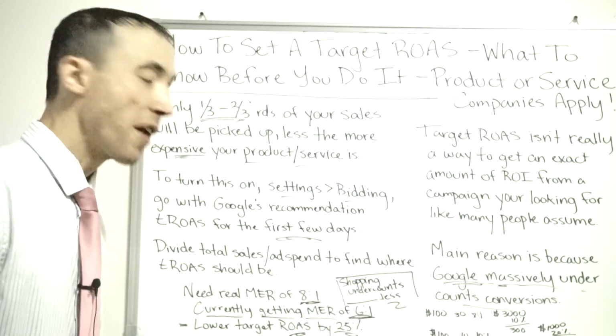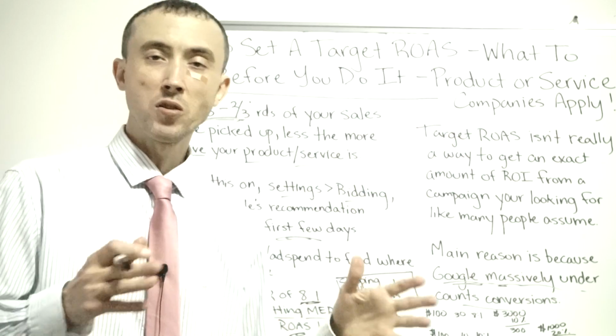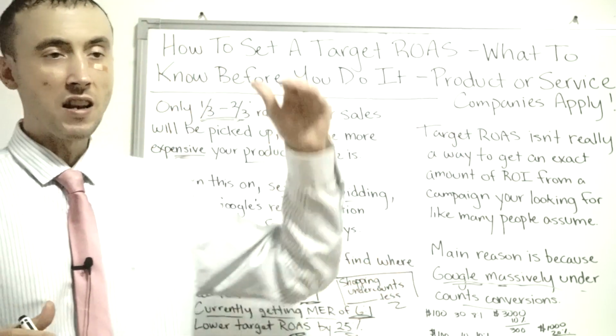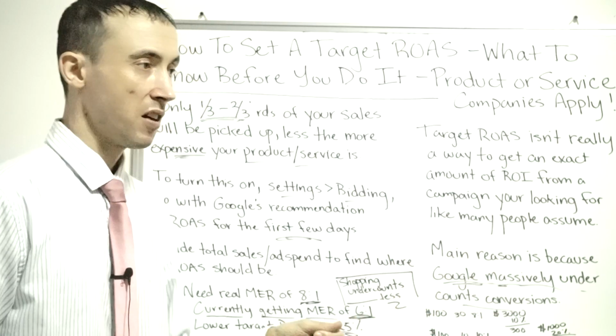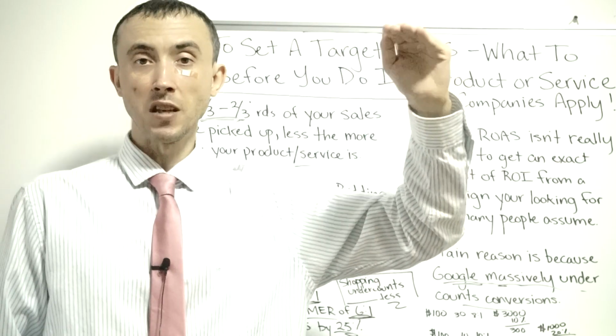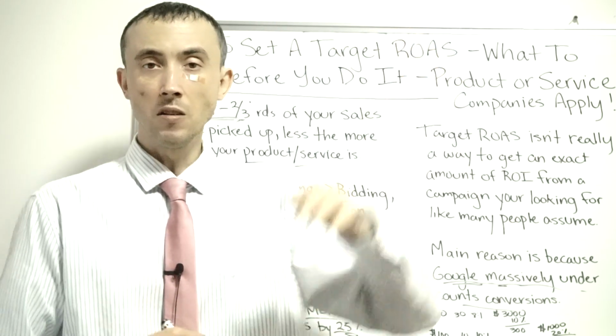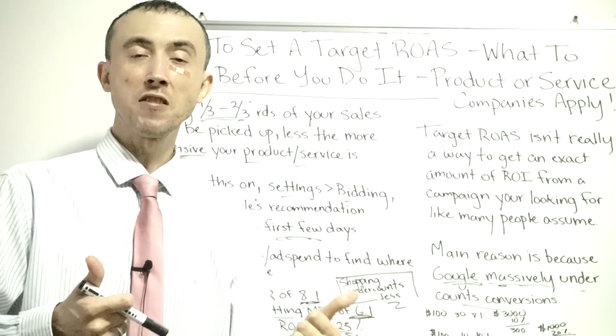If you're doing better than the ROI that you need, let's say you've figured out before you started your ads that you need an 8-to-1 return on Google Ads to make it viable for your company. You, through this exercise, figure out that you're really bringing in $10 in sales for every dollar of ad spend already. At that point in time, you may say, great, I'm getting an even better return than I need.